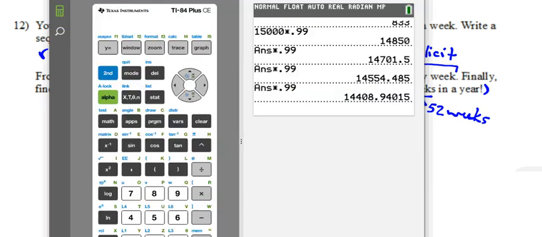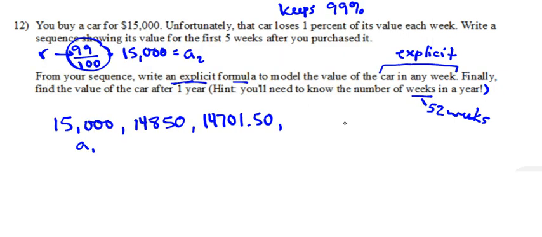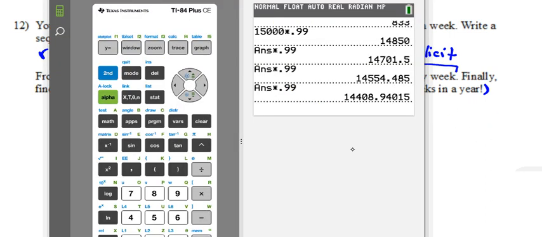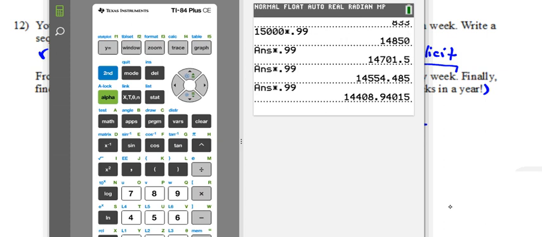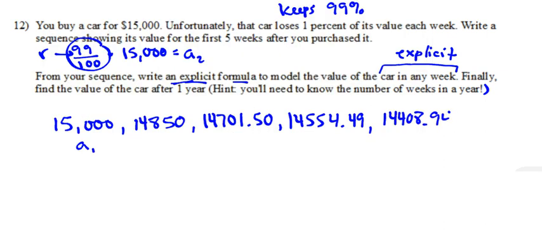Week 4, I'm going to round this off to 49 cents: $14,554.49. And week 5, $14,408.94.